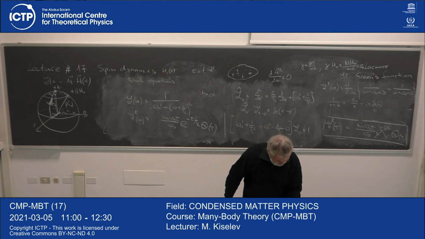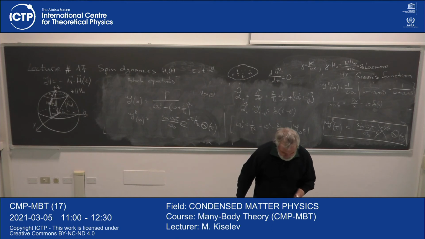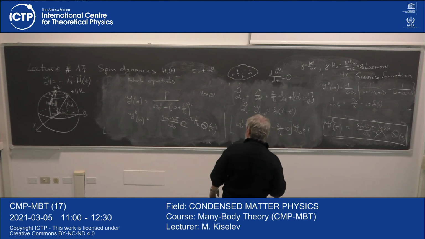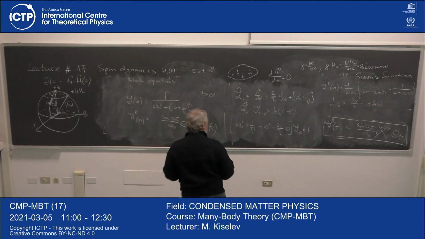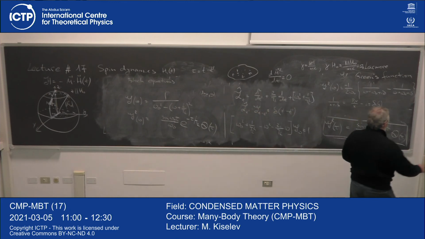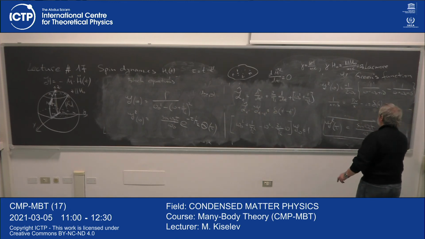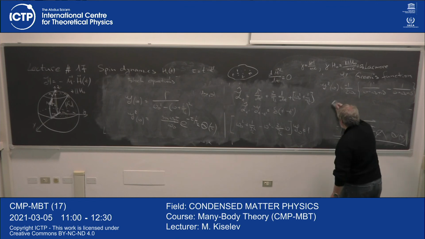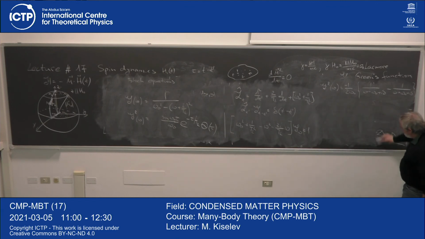And the last thing which I'm going to comment on during the next maybe 5 minutes is how the susceptibility looks like. I will draw you some picture, and then we will have time for the questions. I also would like to leave this here.